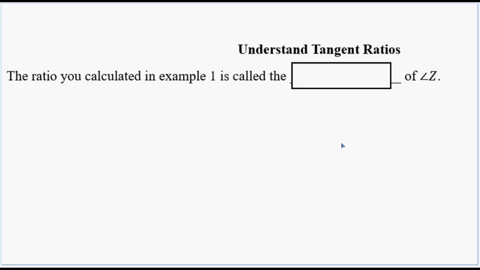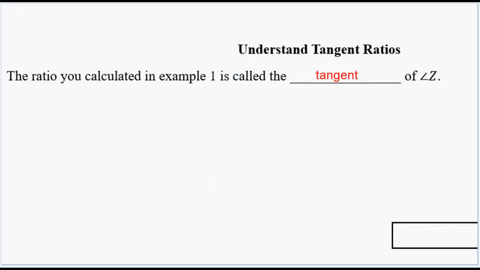Now just a quick fill in the blank in the notes. The ratio that you calculated in that example 1 is called the tangent of angle Z. That can be abbreviated tan.